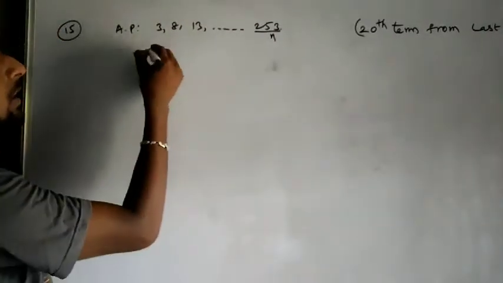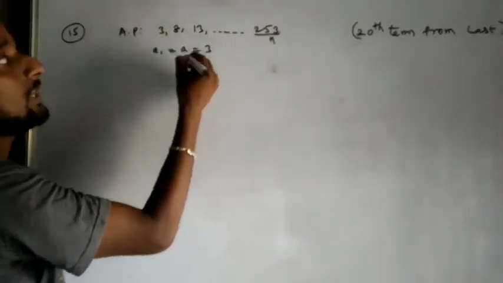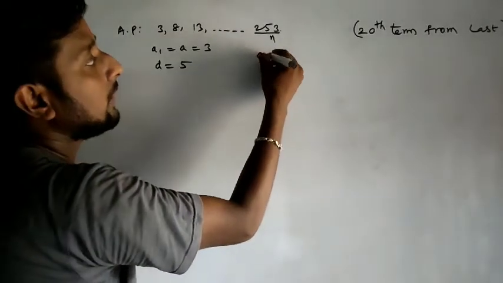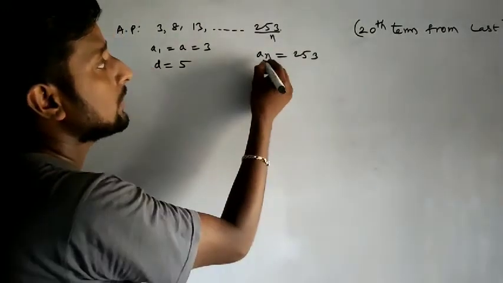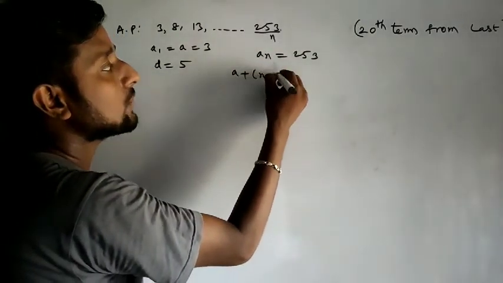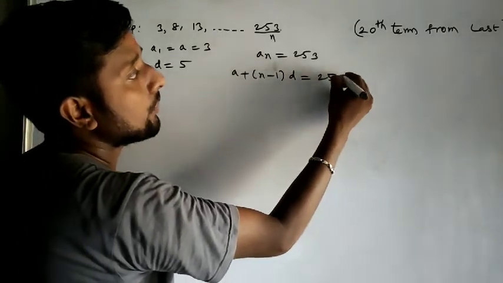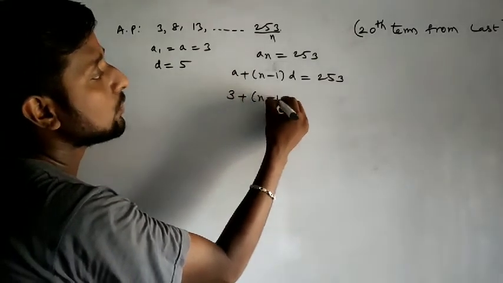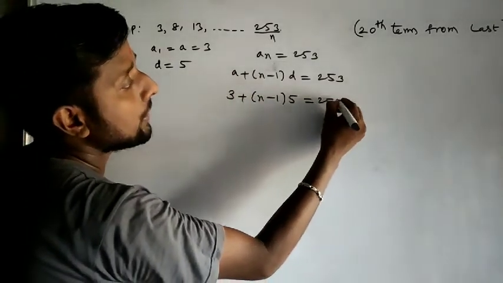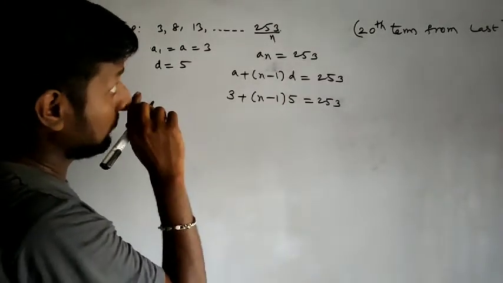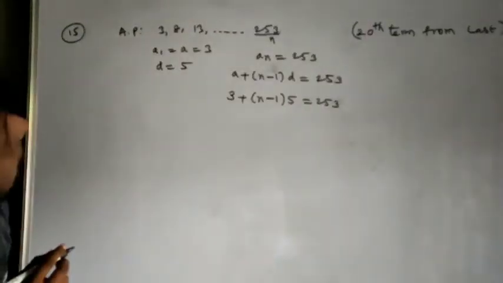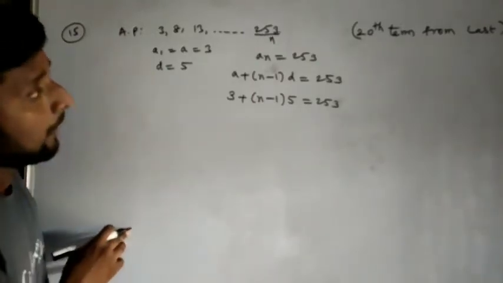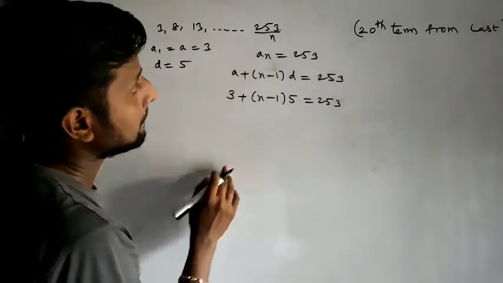We'll find a1, that is equal to a, that is 3, d value 8 minus 3, answer 5. Now I can take an is equal to 253. So an is nothing but a plus n minus 1 into d, that is 253. Correct? A value 3, n minus 1 into 5 equals 253.